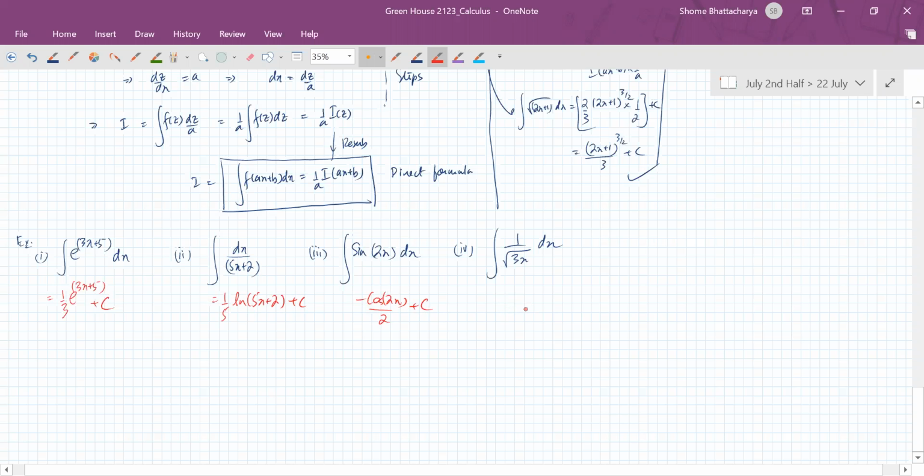And c was 1 by root 3 into 2, so 2 by root 3, the last one. Or you can also write it this way. The last one you would have realized you actually don't need to do any substitution. You can just take the 1 by root 3 outside.